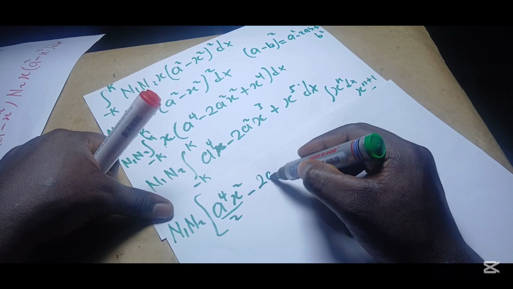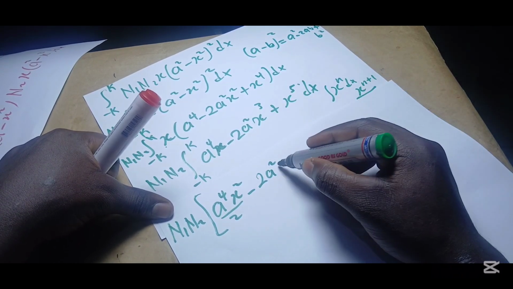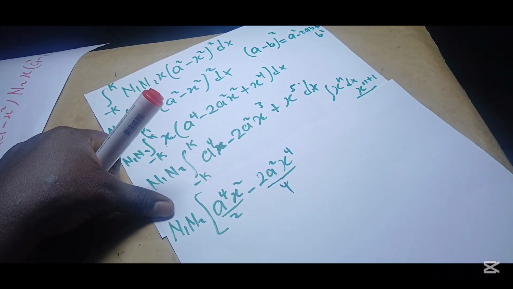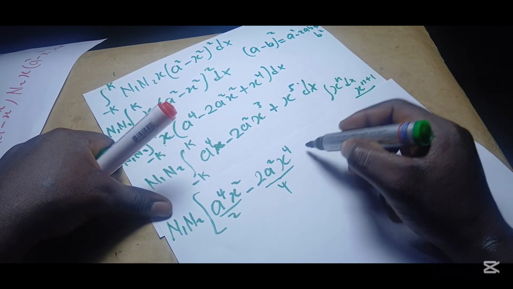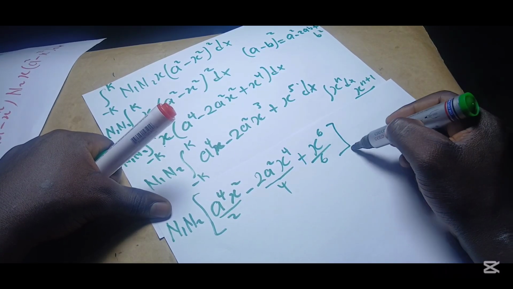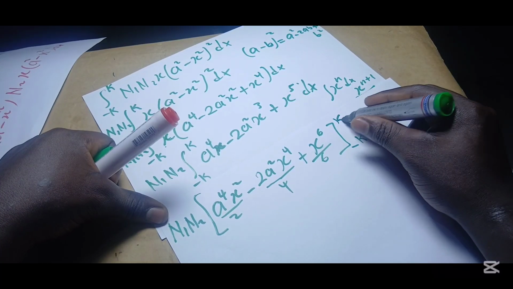So minus 2a to the power 2, x to the power 3, integrating it gives us x to the power 4 divided by 4, right? So x to the power 5, integrating it gives us x to the power 6 all over 6. Our limit of integration is from negative k to positive k.